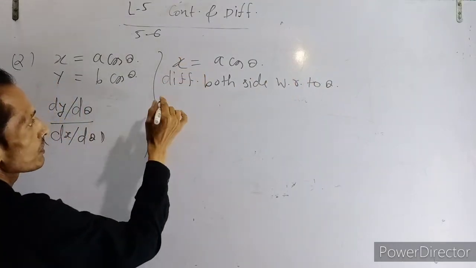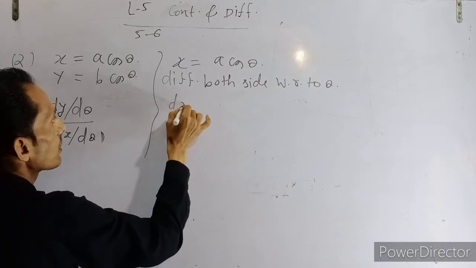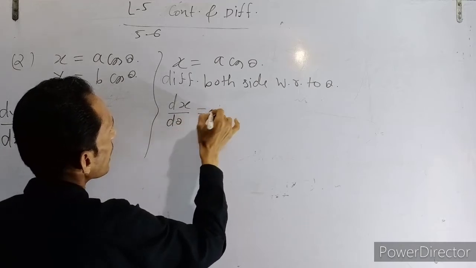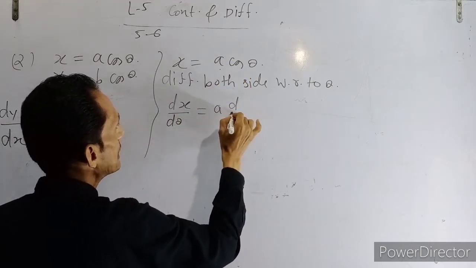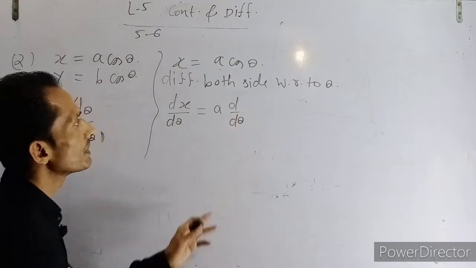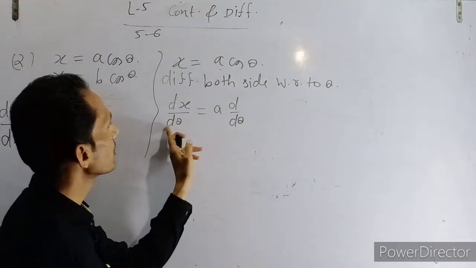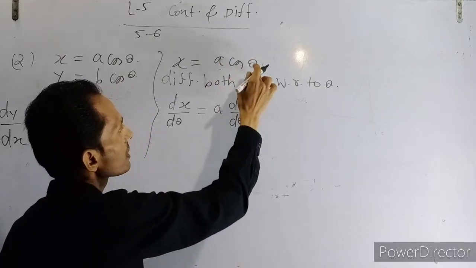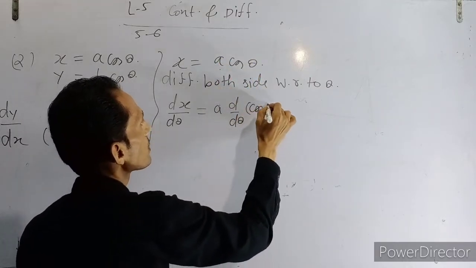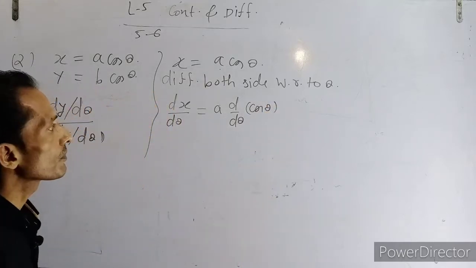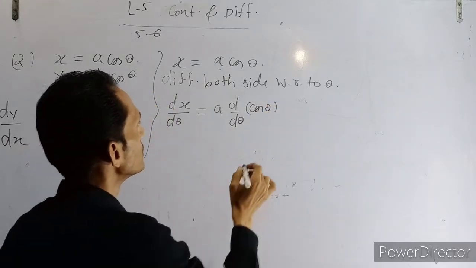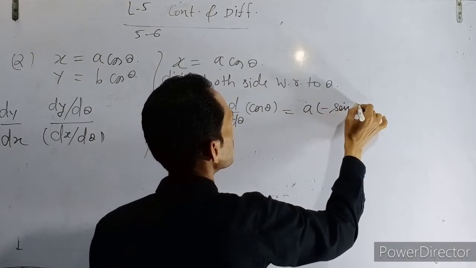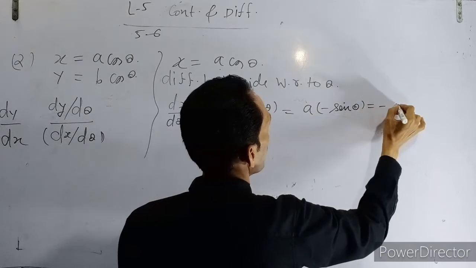Differentiation of x with respect to theta, dx by d theta. a is the constant, d/d theta of cos theta, and the denominator will always be d theta. The differentiation of cos theta with respect to theta is minus sin theta. So you can say minus a sin theta.